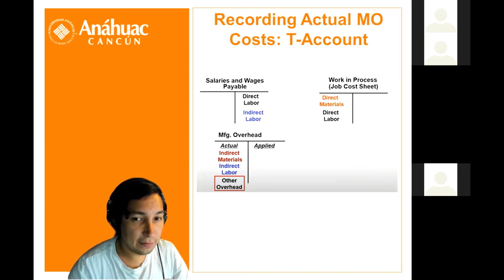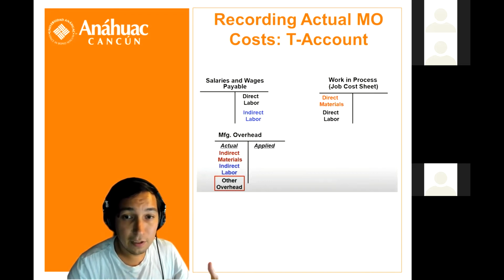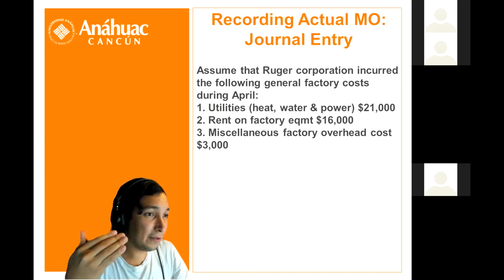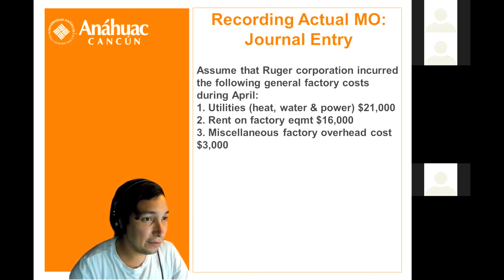manufacturing overhead. Okay, because those are accumulated, the indirect materials and indirect labor are accumulated in MO, and then we have to think about the other overhead. So lots of other things are going into this MO bucket. Remember that MO also has utilities, rent and factory equipment, miscellaneous factory overhead costs.